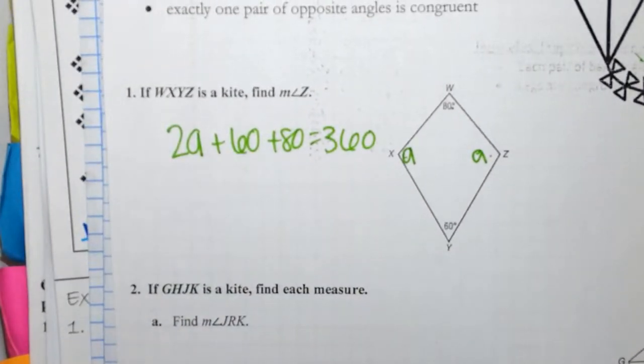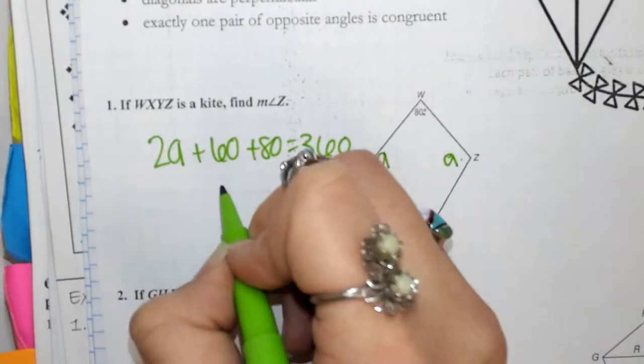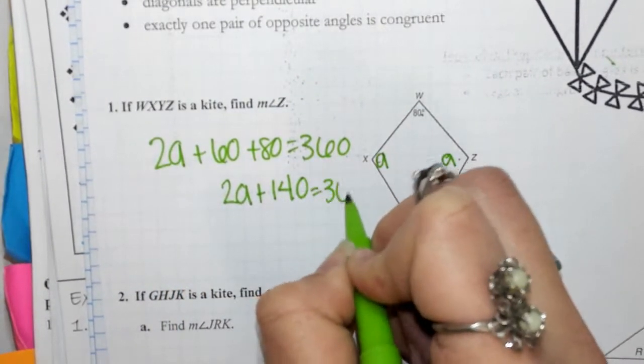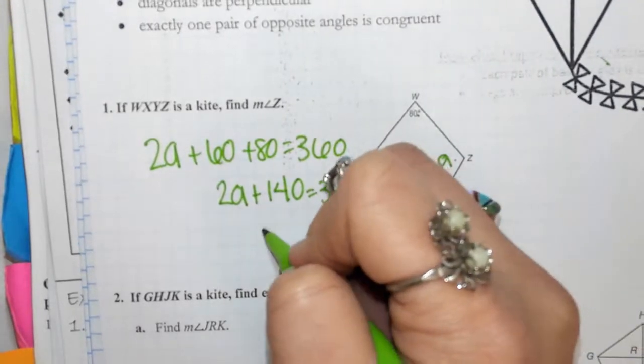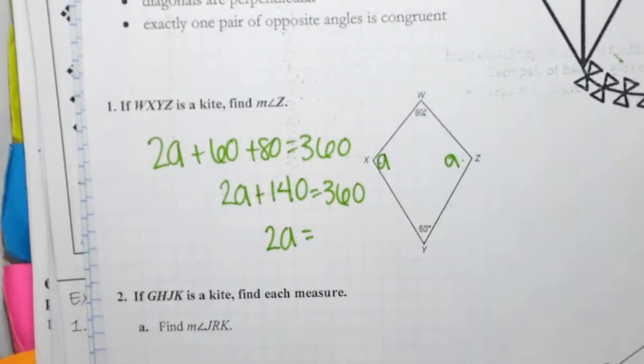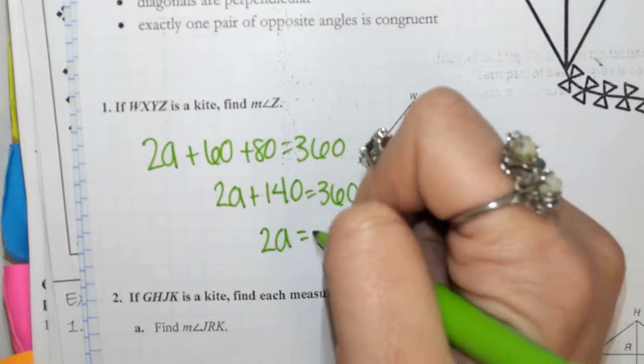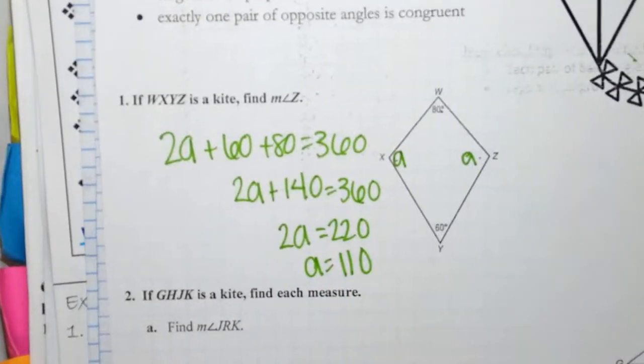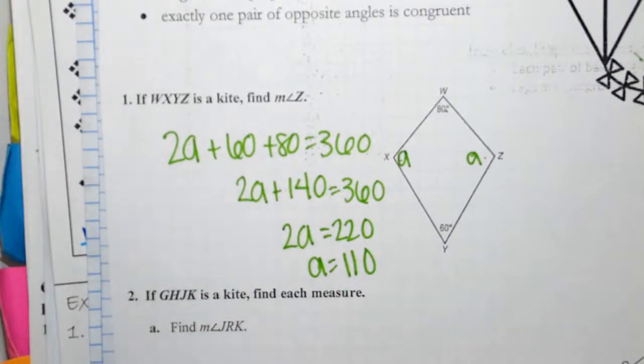Yeah, because it's a quadrilateral. All quadrilaterals are 360. What's 360 minus 140? So A is 110. Now, tonight, I want you to try number 2 without me.